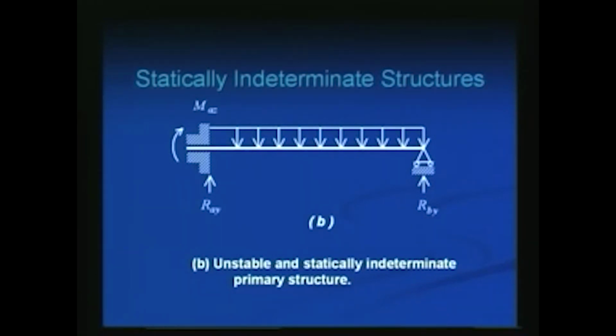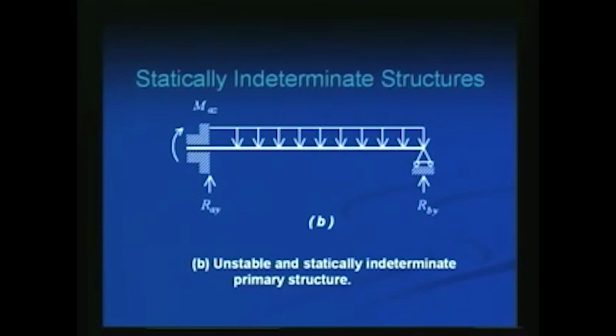Suppose I apply a horizontal load to this beam. What's going to happen? Think about it. This beam is going to move because there is no horizontal restraint. It only has 2 vertical restraints and a moment restraint at the left end. This structure is unstable. Okay.